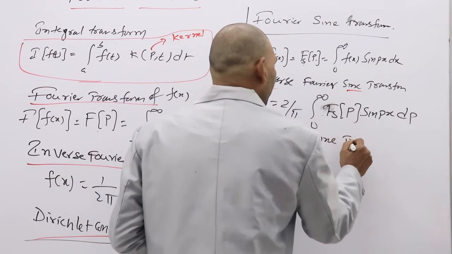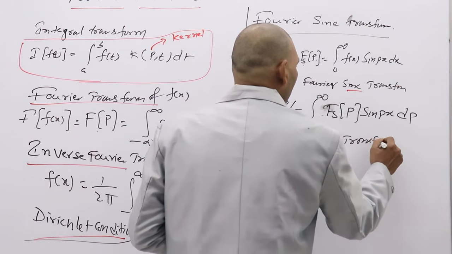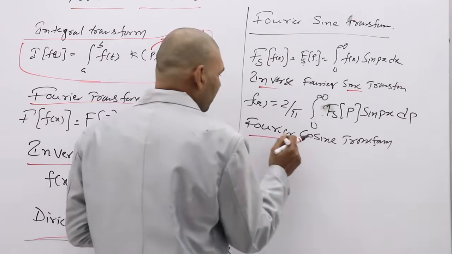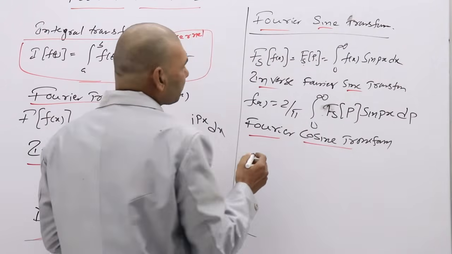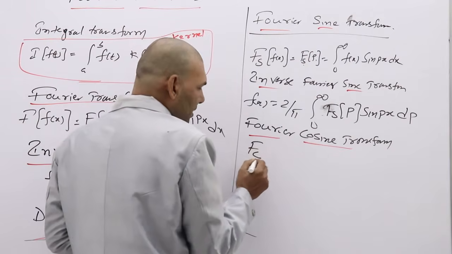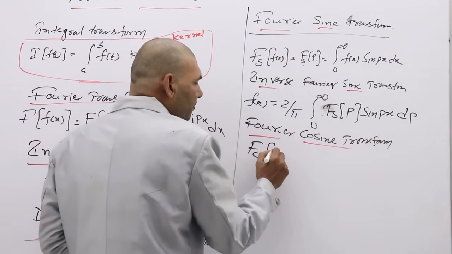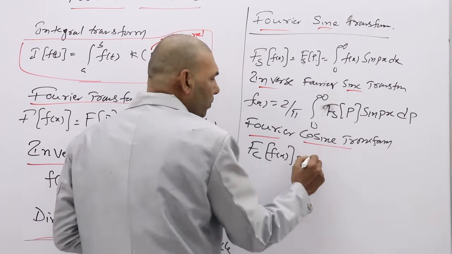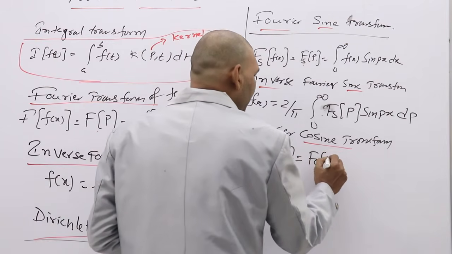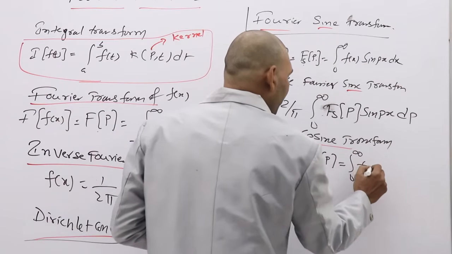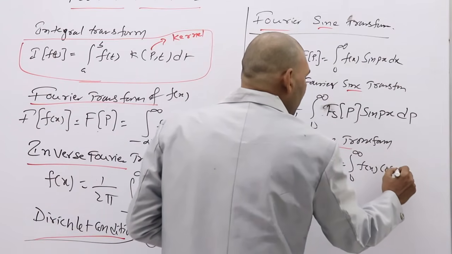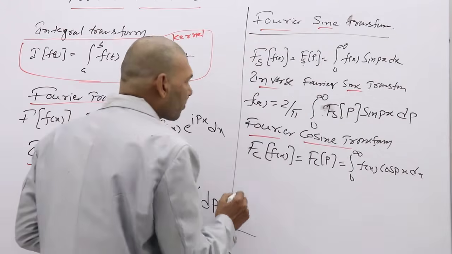Fourier cosine transform of f of x is given by, this is sine, this is cosine. Fc, c represents cosine. Fc of f of x is equal to Fc of p, which is the integral 0 to infinity f of x cos px dx.